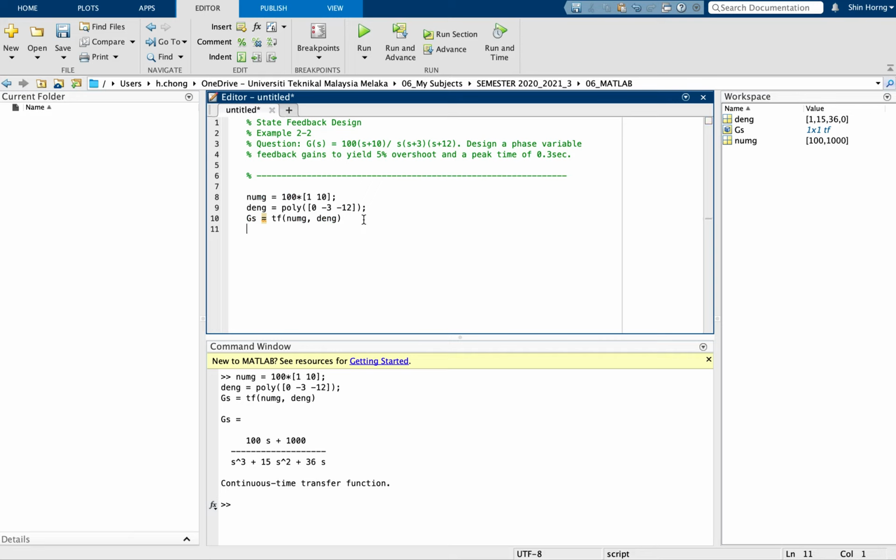Now step 1, we need to get this in the phase variable state space. So what we can do is try to get the AP.